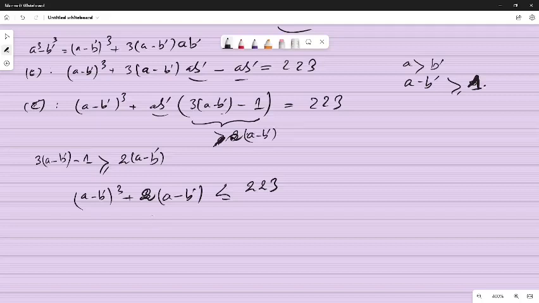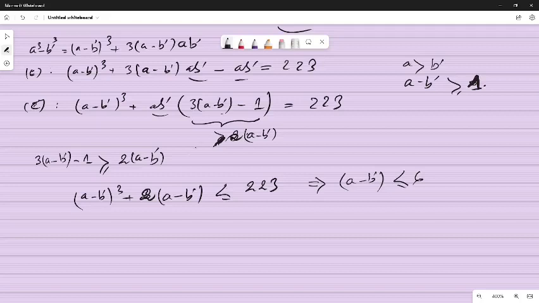And then this implies that a minus b prime is less than 6.